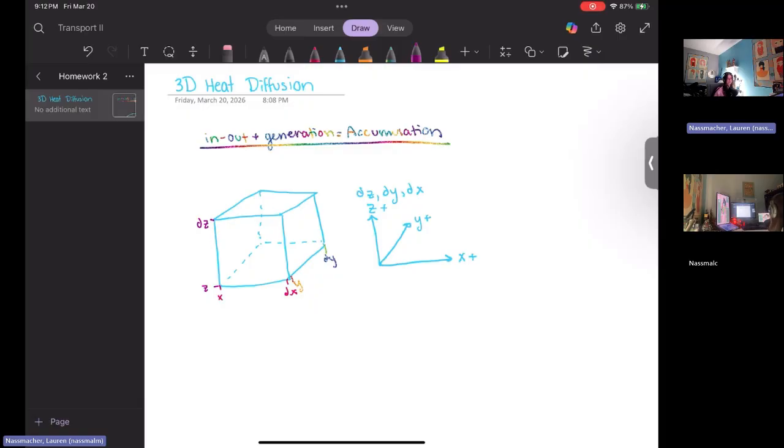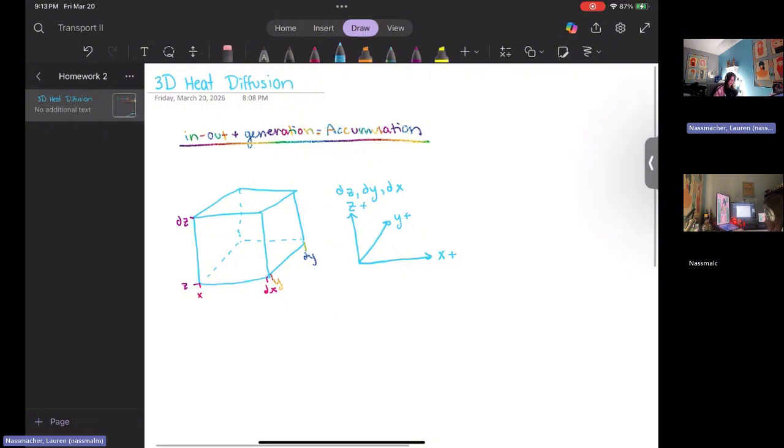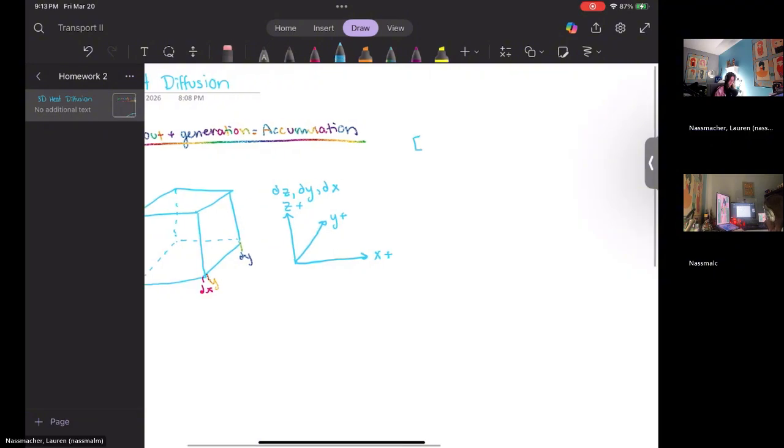So how do we get from here to the 3D heat diffusion equation for heat generation? Good question. Well, you want to remember that we're trying to find the energy accumulated. And our energy accumulated is going to be equal to our temperature change, because it's the heat diffusion rate.